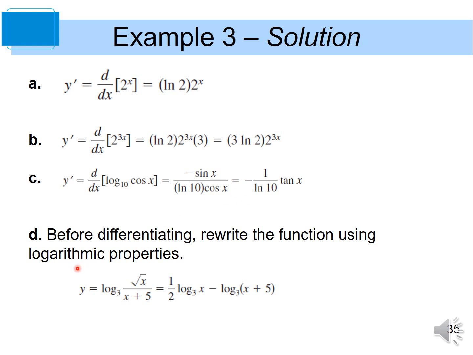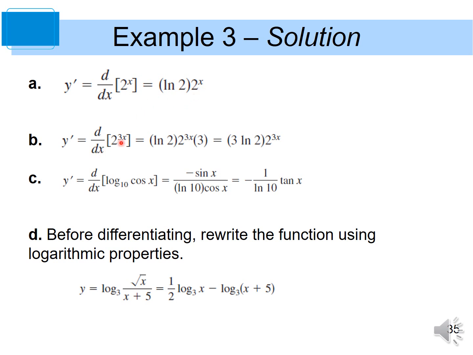Look at the solution. For A, y prime equals differentiate the 2 power to the x with respect to x. So this is the exponential function, the base other than e, and is not in a composite function. So we use the first formula: natural log of 2 times 2 power to the x.